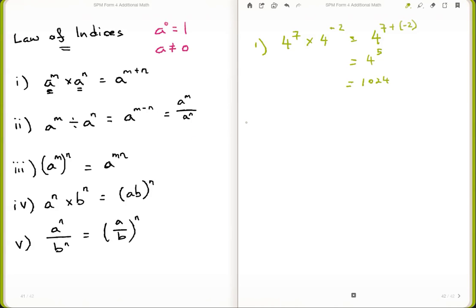Second example, pretty straightforward. What happens when you have 3 power 6 divided by 3 power 4? It turns out to be 3 power 6 minus 4, which is 3 power 2, which turns out to be 9. This is for your own practice purpose, so I would not expect this kind of question will come out in the exam.